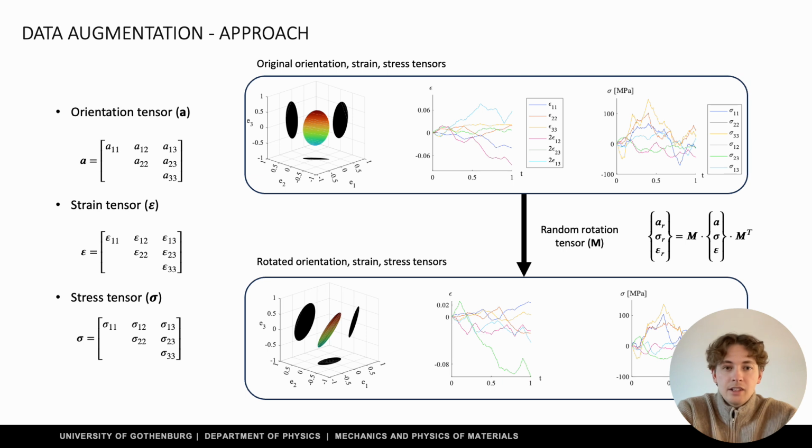To generate a random rotation tensor M, we utilize the Arvo algorithm. This rotation process enables us to simulate different fiber orientations without additional FE analysis and significantly expands our dataset.